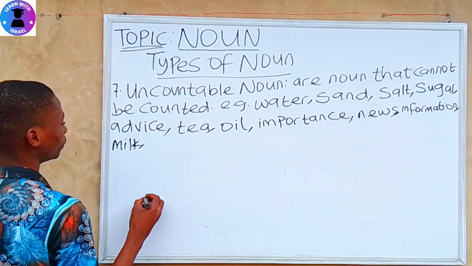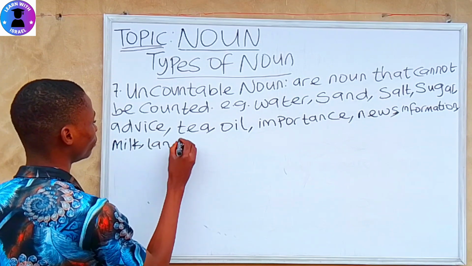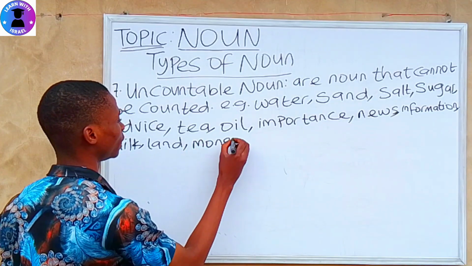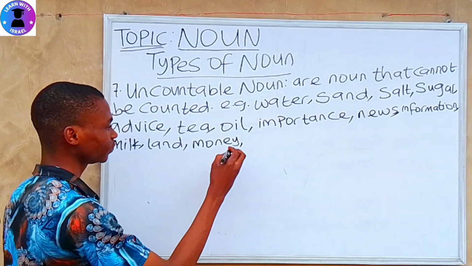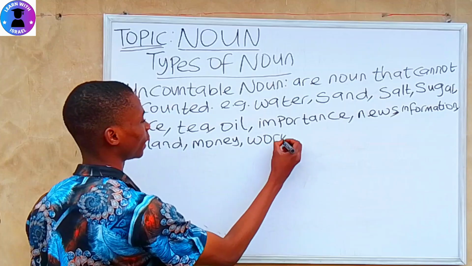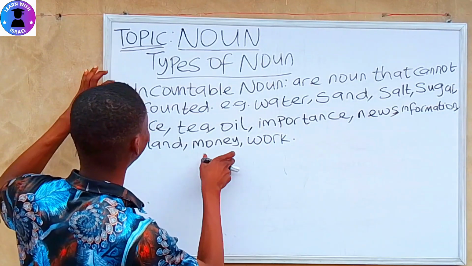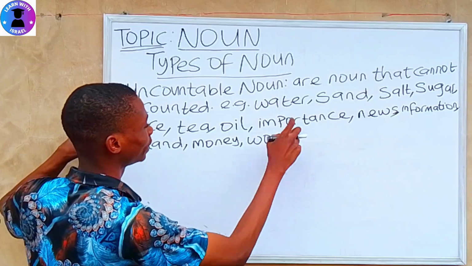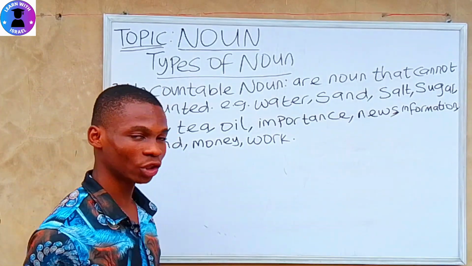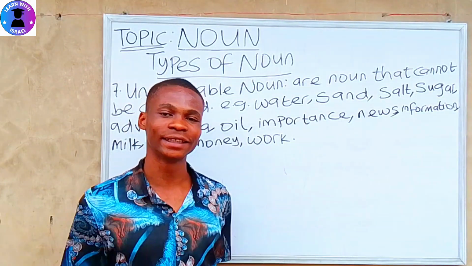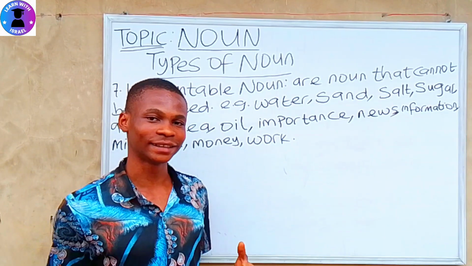Land cannot be counted. Money cannot be counted. Work cannot be counted. So now these are the examples of uncountable nouns that cannot be counted. We also have more. If we are to be listing, we will list from now till the next day, and we will still be listing.